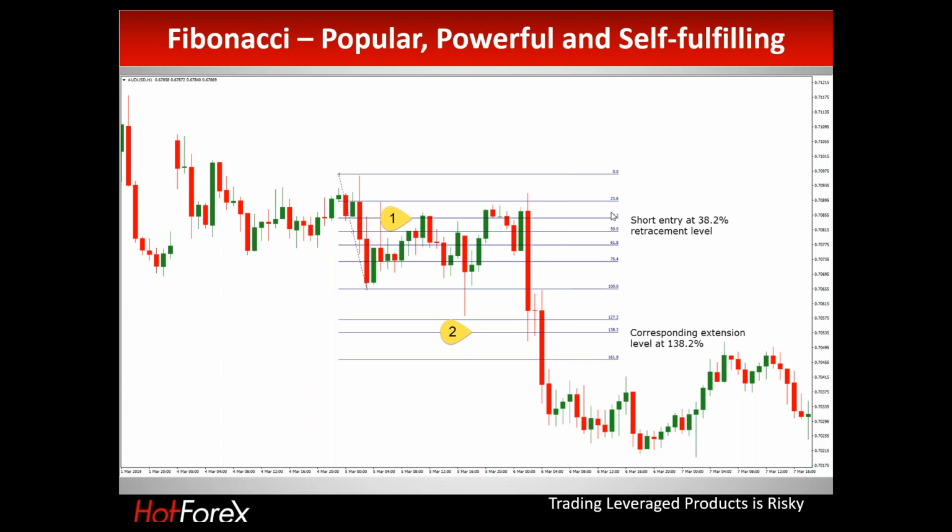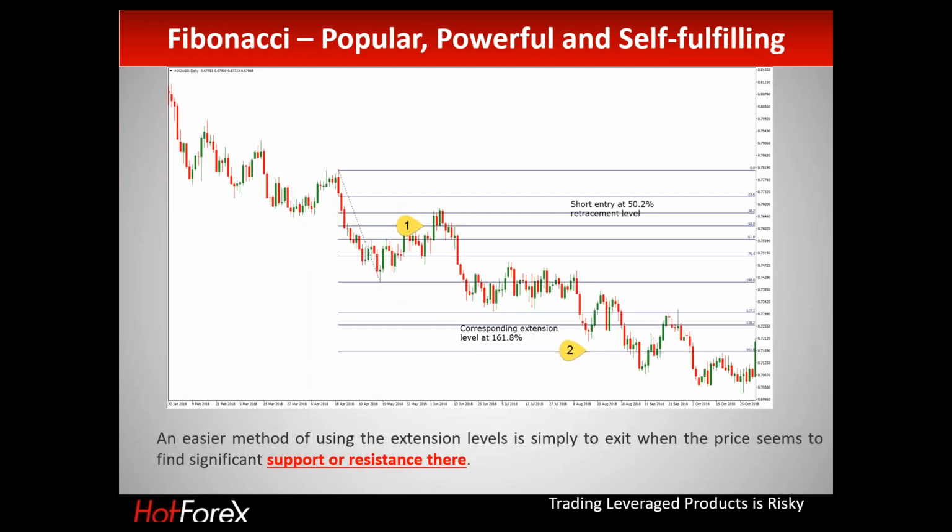Okay, you can see 38 because I put it the vice versa way, but yeah, that was another short entry position with targets at the bottom of the trend, and so on and so forth. So there are many ways to use it.